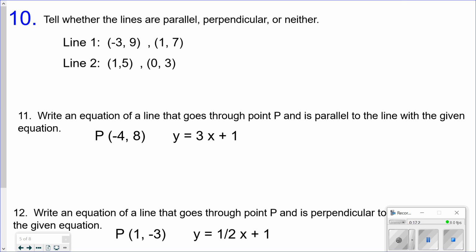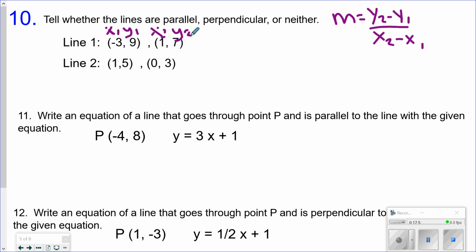10, 11, and 12 are actually repeat problems, so we can practice again. So tell whether the lines are parallel, perpendicular, or neither. So to be able to tell this, we need to look at the slope, which is y2 minus y1 over x2 minus x1. So I'll call this x1, y1, x2, y2.